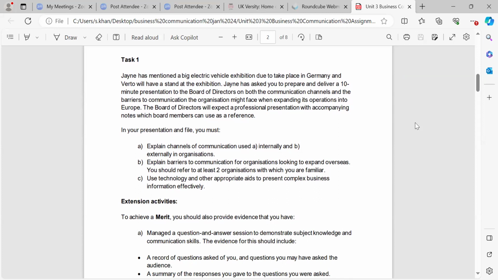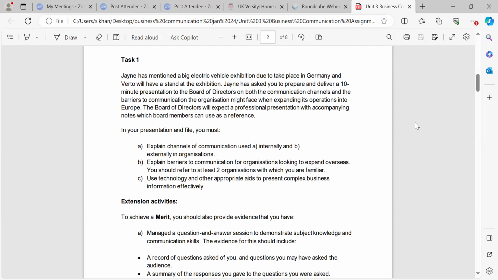Jane has mentioned a big electric vehicle exhibition due to take place in Germany, and Verto will have a stand at the exhibition. Jane has asked you to prepare and deliver a 10-minute presentation to the board of directors on both the communication channels and the barriers to communication the organization might face when expanding its operation into Europe.